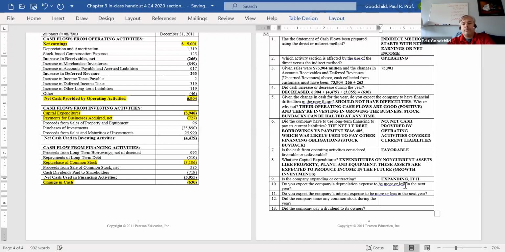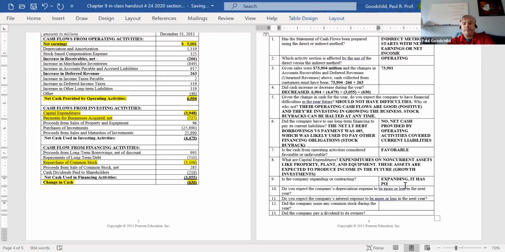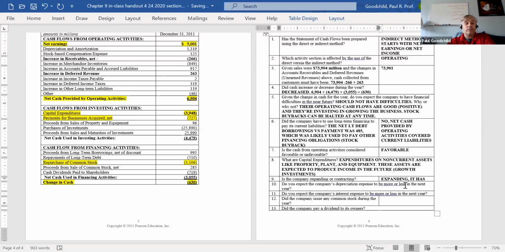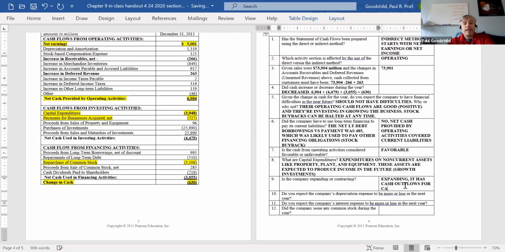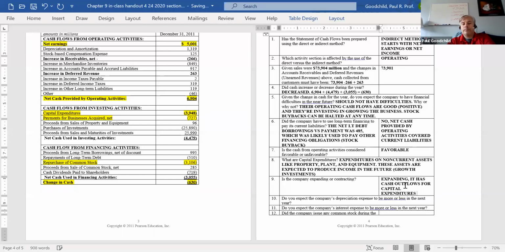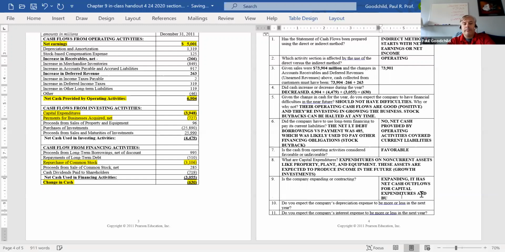It has net cash outflows for capital expenditures and business acquisition. So they're growing.